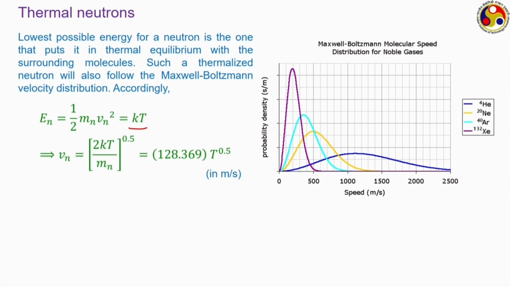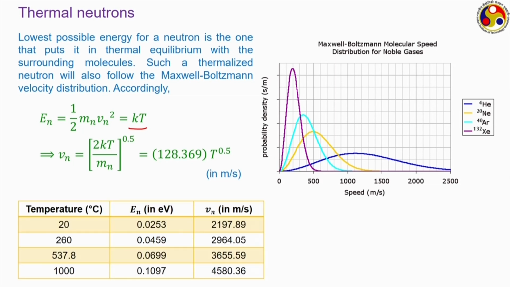So, depending upon the temperature of the surrounding, a thermalized neutron can have several velocity levels. Say if we are talking about a surrounding temperature of 20 degrees Celsius, the corresponding energy for a thermal neutron is just 0.0253 electron volt, but that corresponds to something about 2200 meter per second of velocity. As the temperature keeps on increasing, the corresponding energy level and velocity of a thermal neutron both keep on increasing.